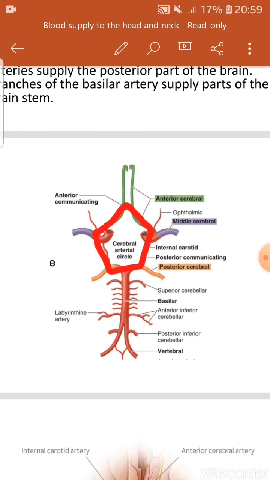The five short arteries are named the pontine branches. The superior cerebellar artery is also a branch of the basilar artery, and the most important terminal branches of the basilar artery are the posterior cerebral arteries, taking part in the formation of the circulus arteriosus. Now we will talk about the anterior source of the brain, or the circle of Willis.